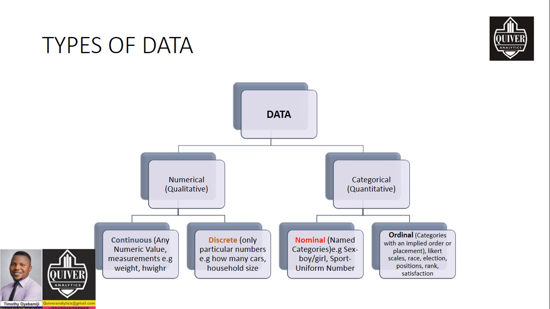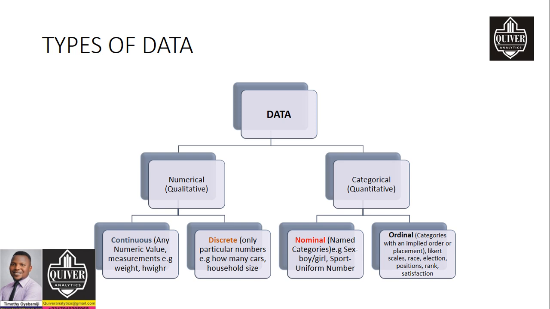All right, discrete. Now we are under numerical, or quantitative, data. Discrete data is under numerical. It's only particular numbers. An example is how many cars are in a compound. We can decide to collect a street data or a community data of how many cars per house in a compound.